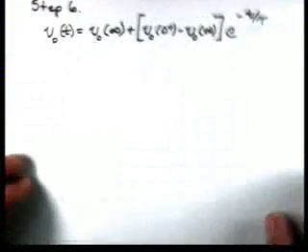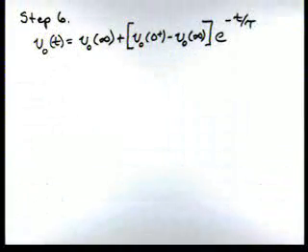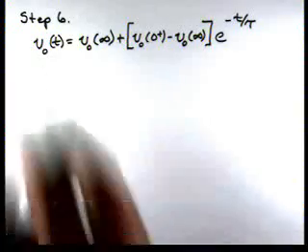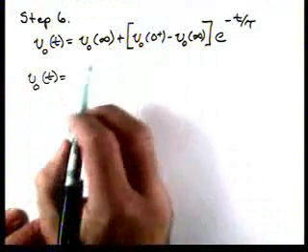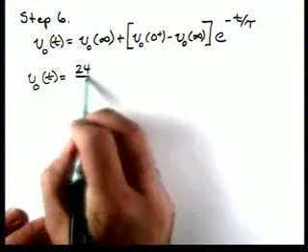Now our sixth and final step is, here's a solution, and now we're going to plug in values into our solution. So then V0 of t, the V0 of infinity we calculated was 24 over 5.